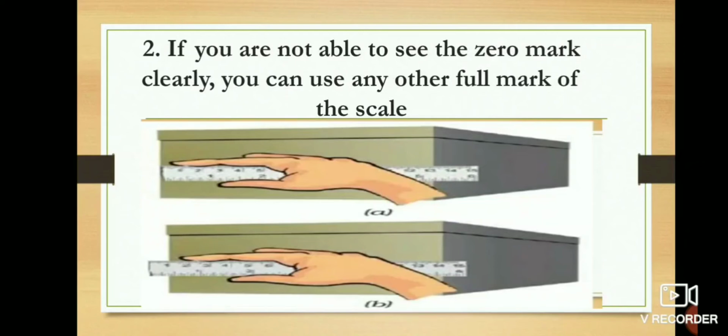You can use any other full mark of the scale, say 1 centimeter. Then you must subtract the reading of this mark from the reading at the other end. For example, the reading at one end is 1 centimeter and at the other end is 14.3 centimeter. Therefore, the length of the object is 14.3 minus 1 centimeter, that is 13.3 centimeter.